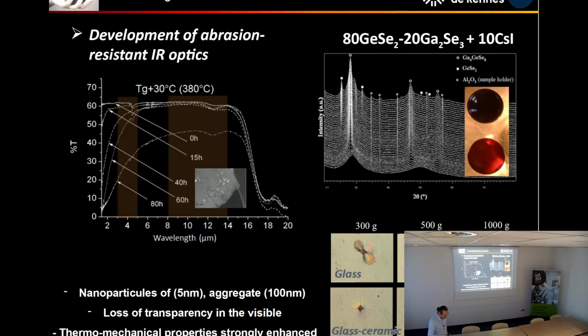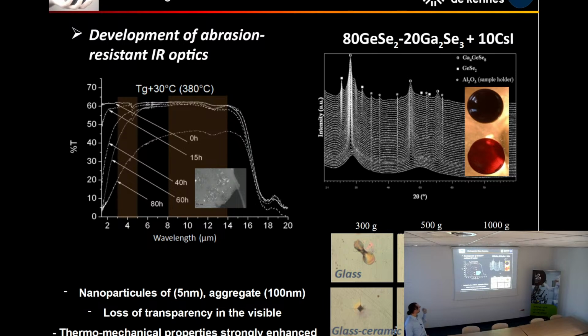The mechanical properties of chalcogenide glass are not the best in the material world, so a lot of work has been done in order to increase this kind of property by adding small particles, small crystals inside the glass. The idea here is to add numerous crystals, but very small crystals, in order to keep the transparency of the materials.